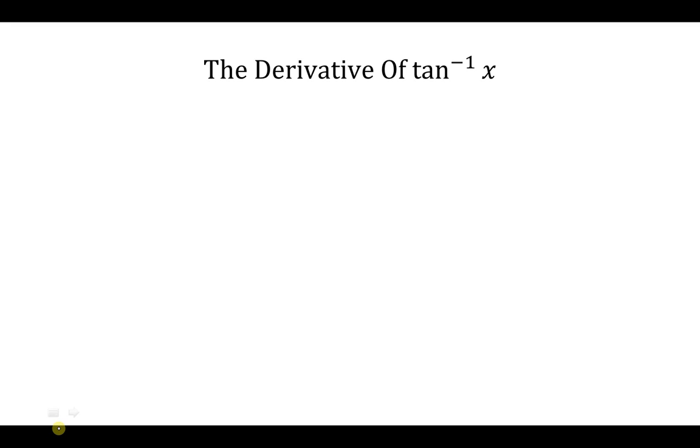Now the last derivation we're going to do is for the inverse tangent function. And we will write down that y equals the inverse tangent of x. And of course, this definition means that x is equal to the tangent of y.